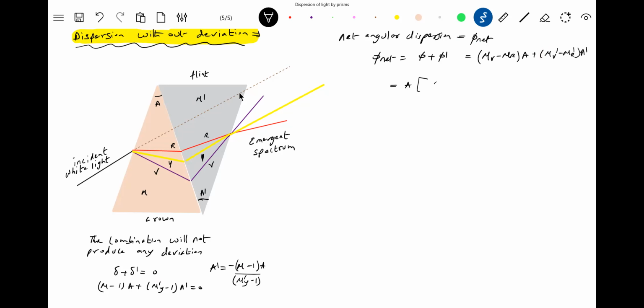Let me take A common, mu v minus mu r, A dash by A. Let me adjust one, mu minus 1, I'll adjust here. Sorry, there's just some calculation.